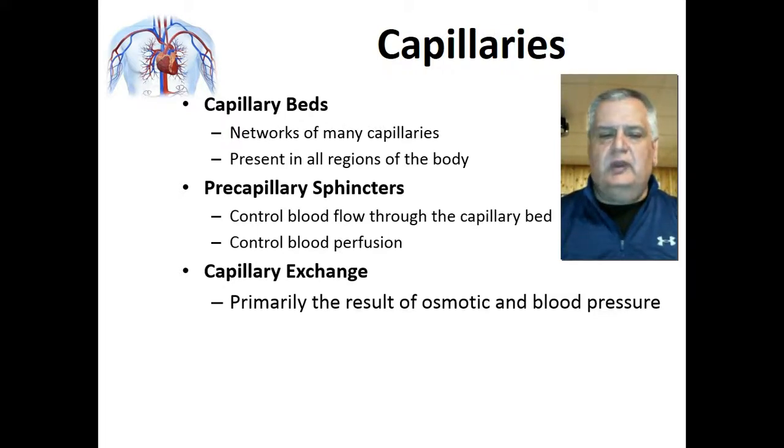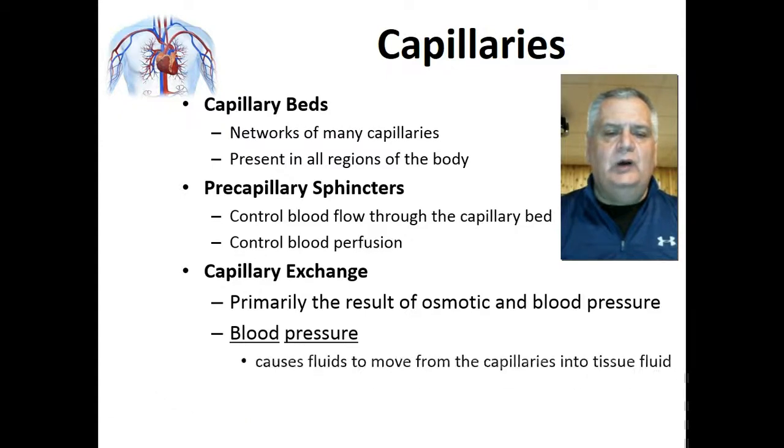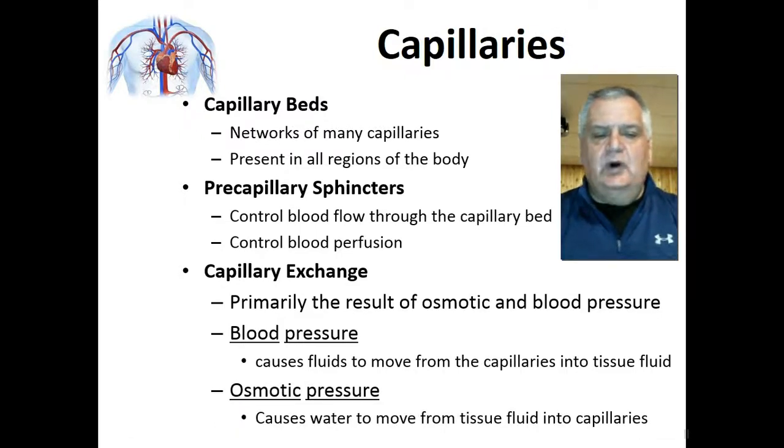So capillary exchange is controlled, we say, by osmotic pressure and blood pressure. How? Well, let's take a look at blood pressure first. Blood pressure causes fluids to move from the capillaries into the tissue fluids. Osmotic pressure, on the other hand, causes water to move from tissue fluids back into the capillaries.